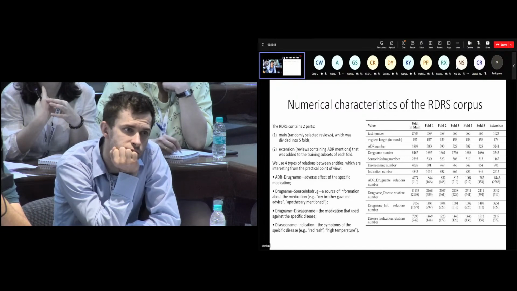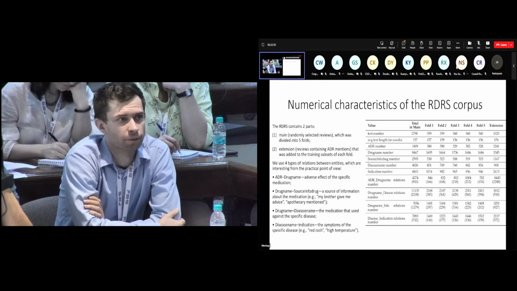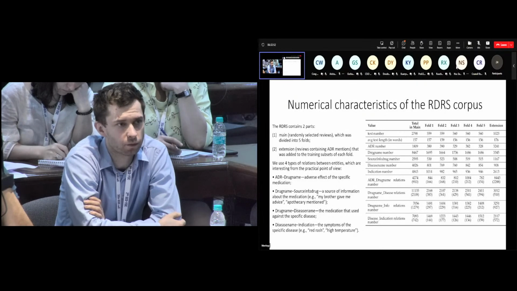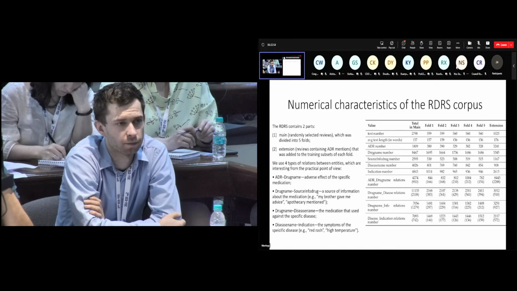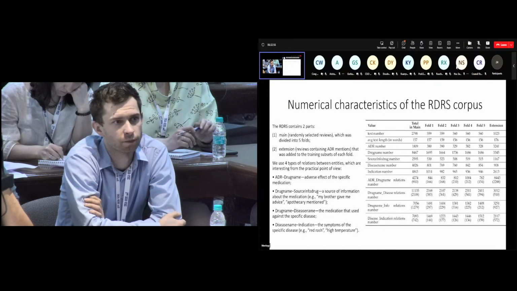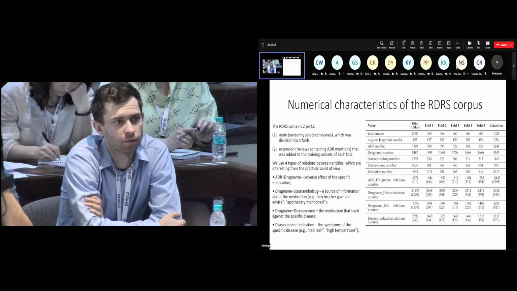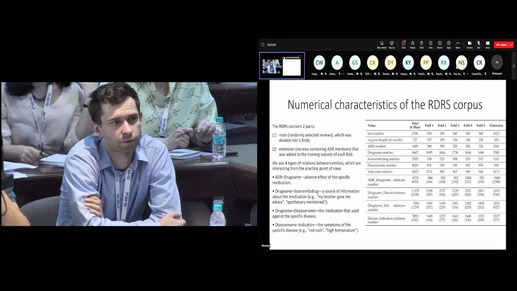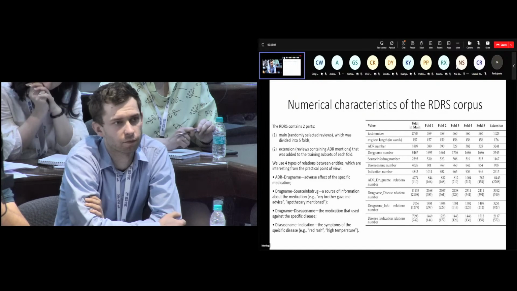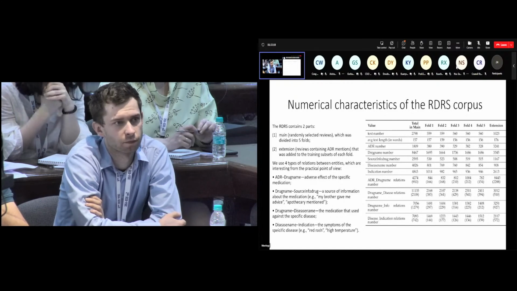In this study, we used 4 types of relationships between entities, which are interesting from the practical point of view. The ADR-drug name relation determines the adverse effects of a particular medication. Drug name-source of information determines the source of information about medication.